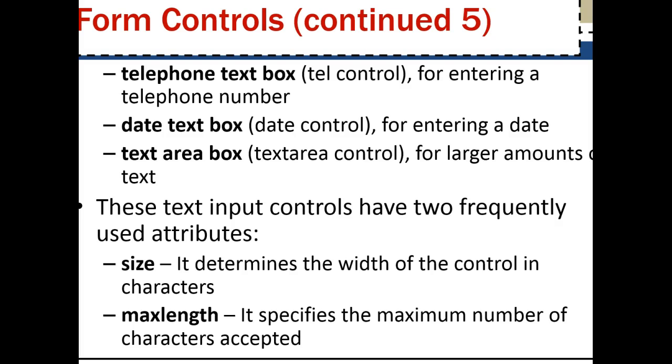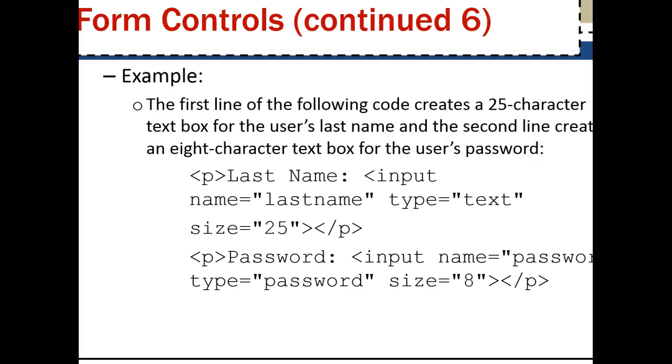The text input controls have two frequently used attributes. The size determines the width of the control in characters, and the maxlength specifies the maximum number of characters that can be accepted. So for the text input, you have these two attributes, the size and the maxlength.